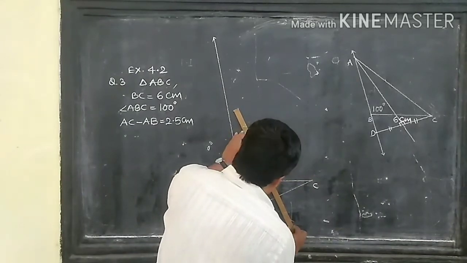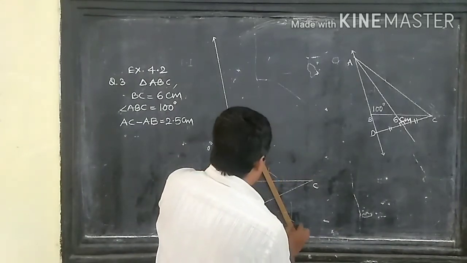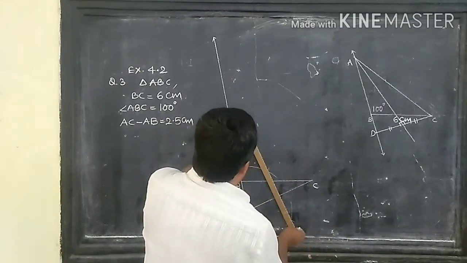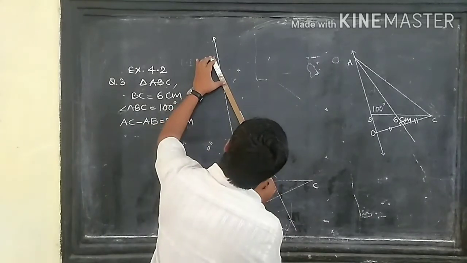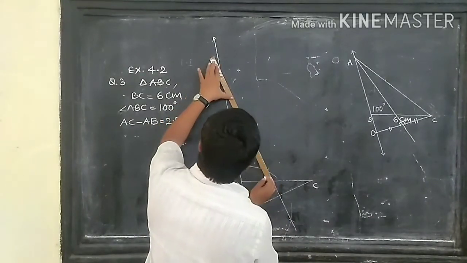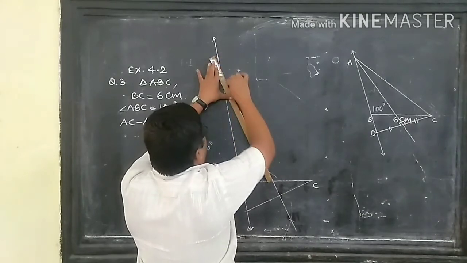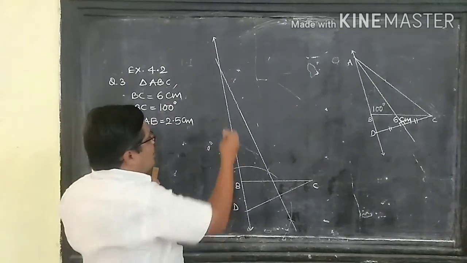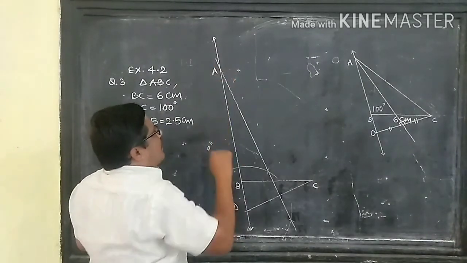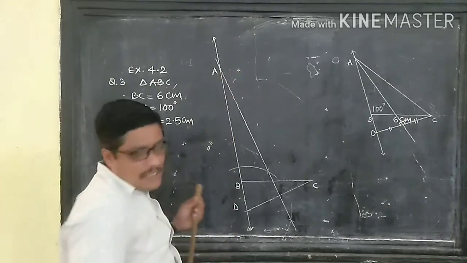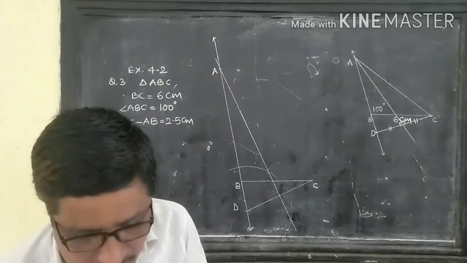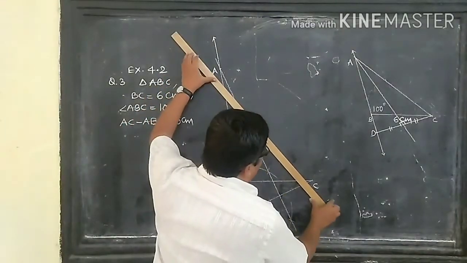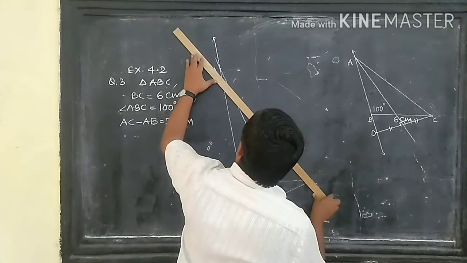Now draw a line passing through these two points in this way. Now after that here we got the third vertex of the triangle, that is vertex A, and after that we have to join vertex A and vertex C.